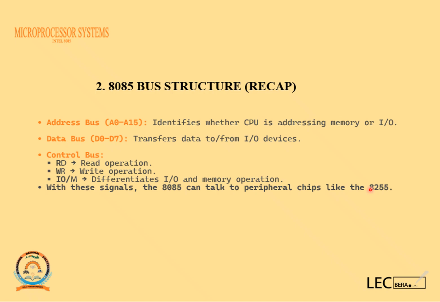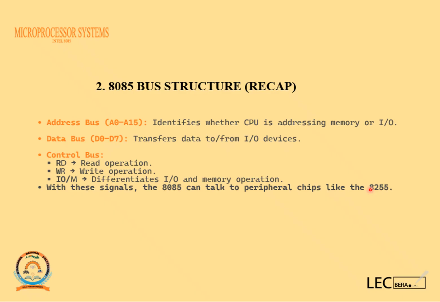It's a total of 8 pins, from D0 to D7, to transfer data between the input-output devices and the memory. And then we have the control bus. These are for carrying control signals. We have RD, which is one of the control pins. This is for read operations. Then we have WR. This is for write operations.